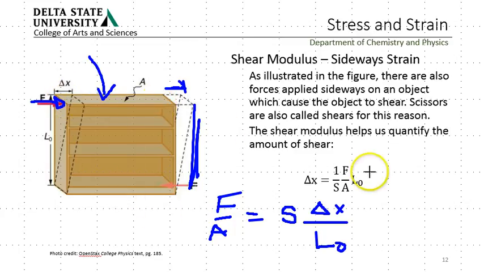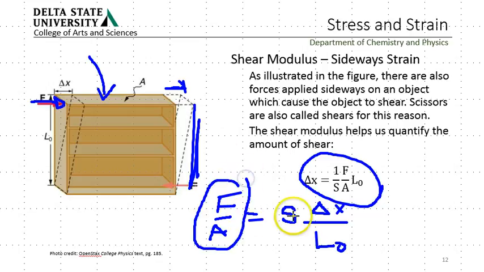So again, we have to find the shear modulus experimentally, and we've still got the stress. And stress is the shear modulus times, in this case, the shear, not the strain.